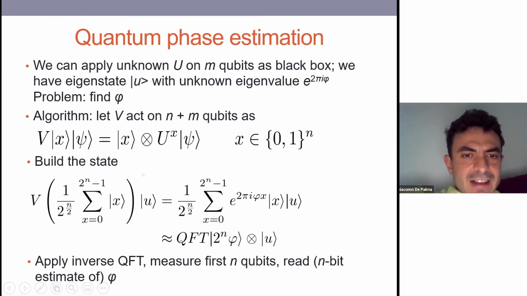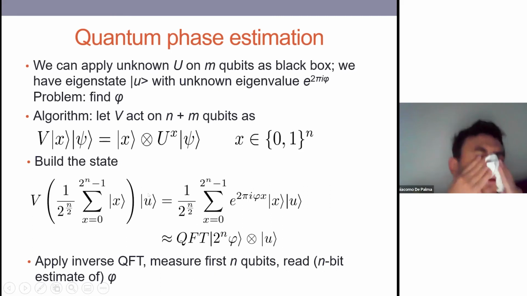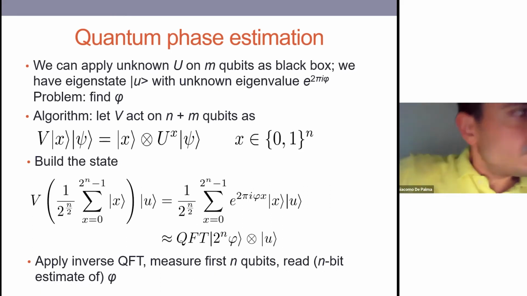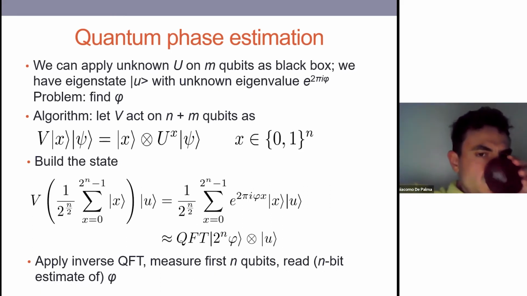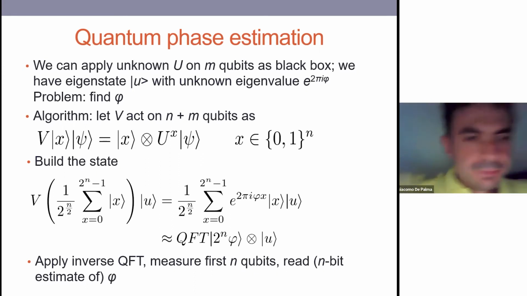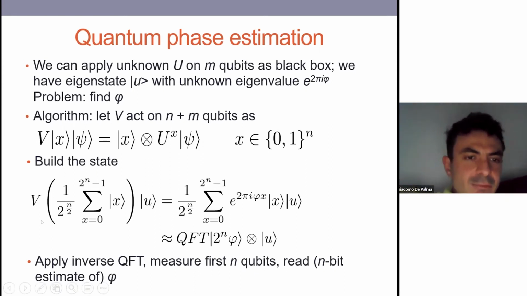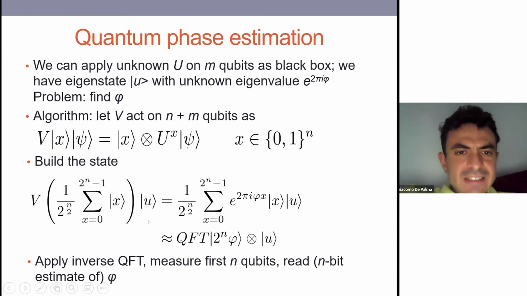Then we append our eigenvector u to the state that you see here, and we apply V to this object.